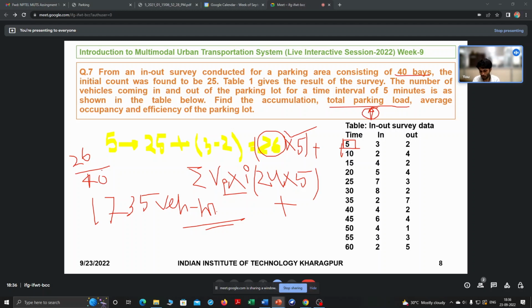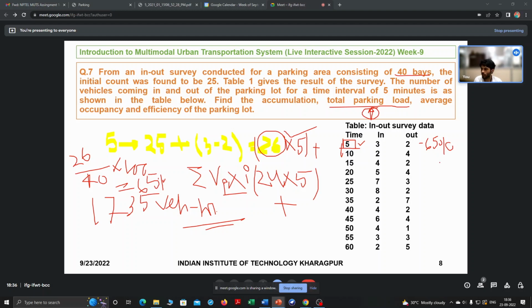If you do 26 by 40 and multiply it by 100%, you will get 65% for this 5-minute interval. 65%, right?